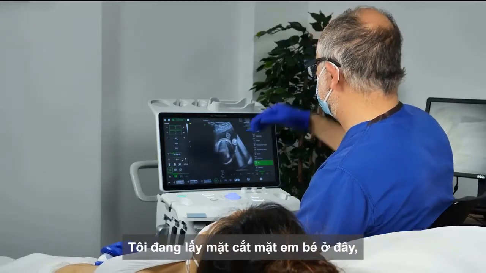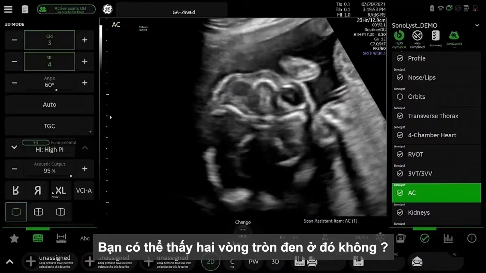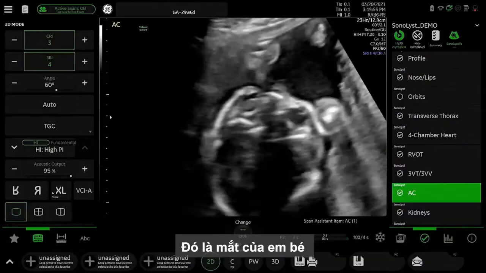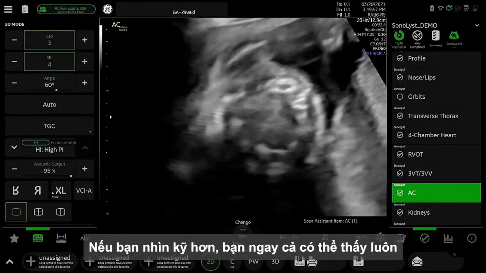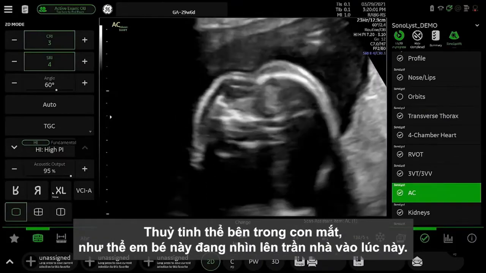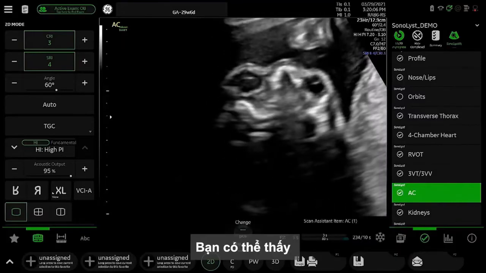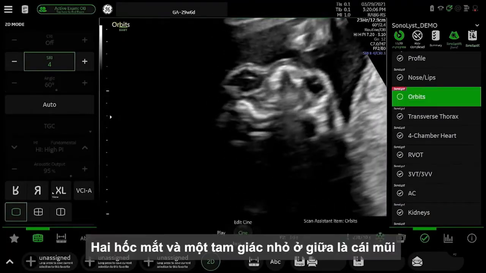What I'm doing is taking a cross section through the baby's face here. Can you see those two black round things? Those are the baby's eyes. If you look really carefully, you can even see the lenses inside the eyes. So this is a baby looking up to the ceiling at the moment there. So you can see the two orbits, and the little triangle in the middle is the nose.